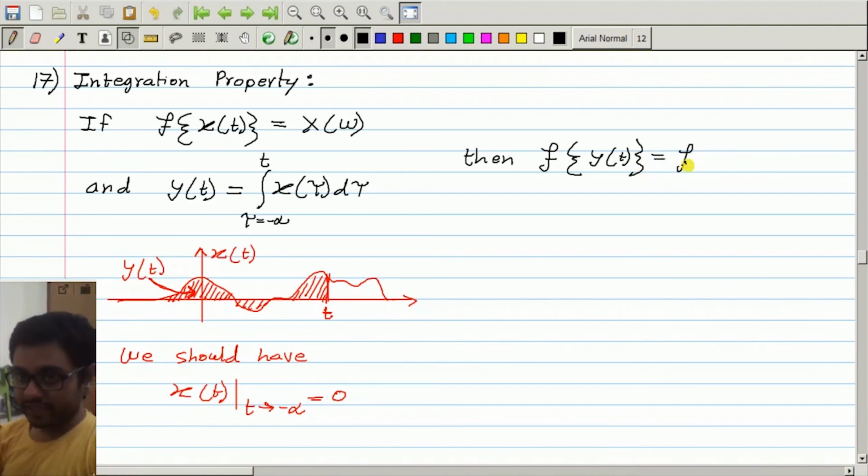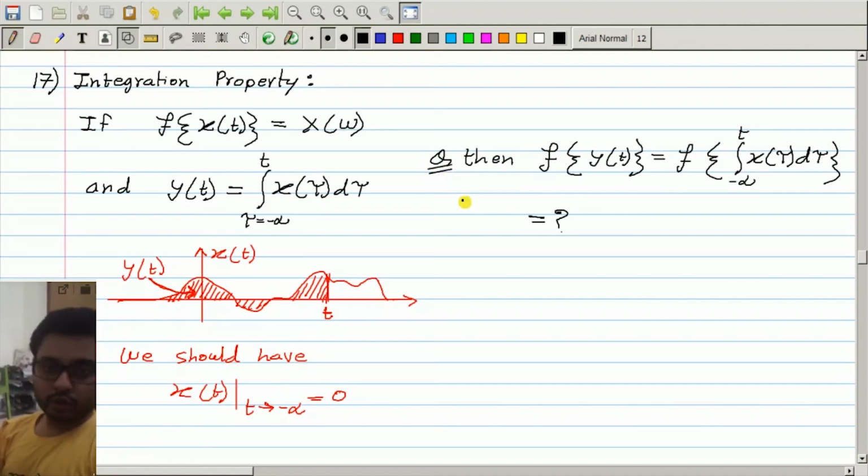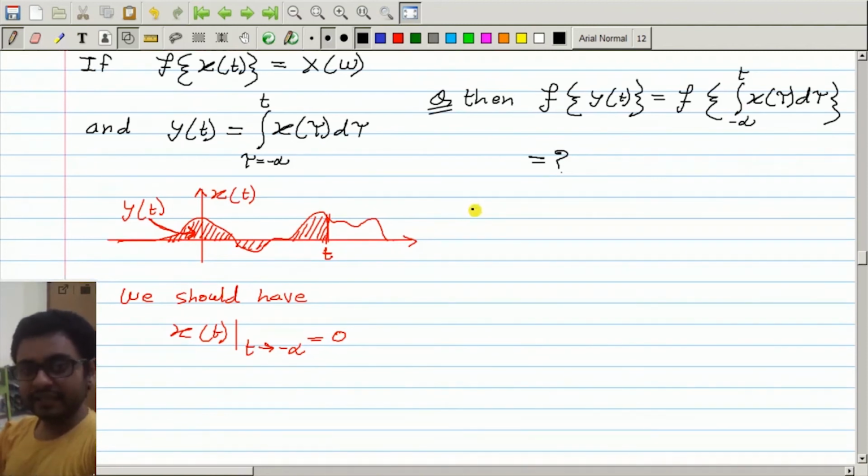That is, what is the Fourier transform of integration of x from minus infinity to t? That is the question. And we can find the answer very easily.